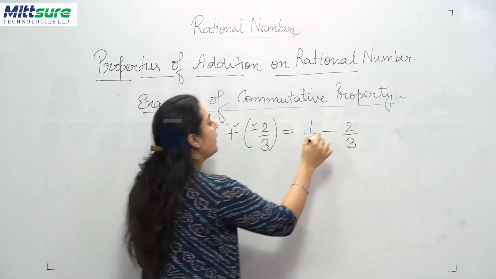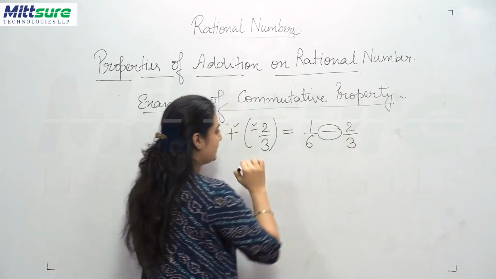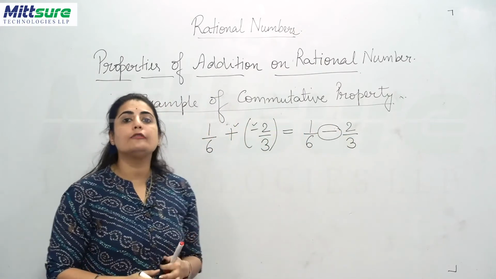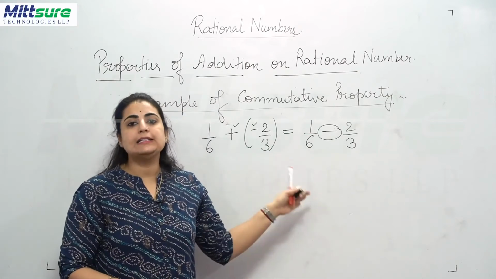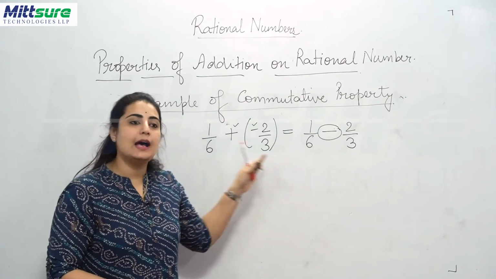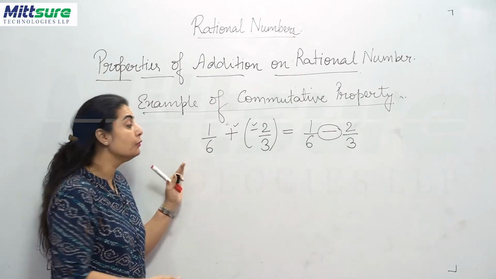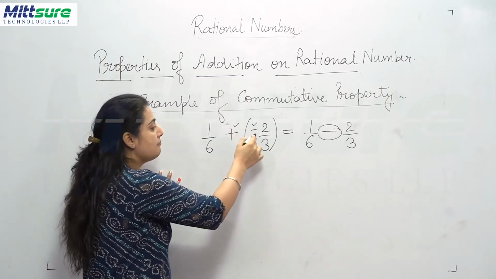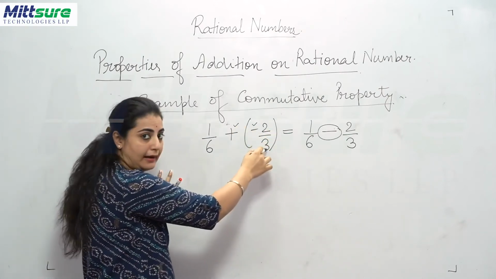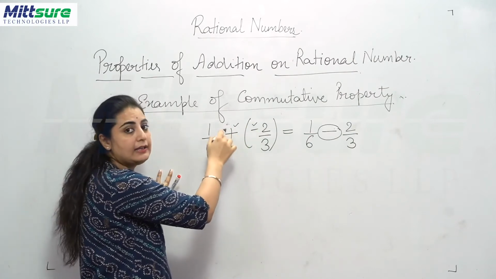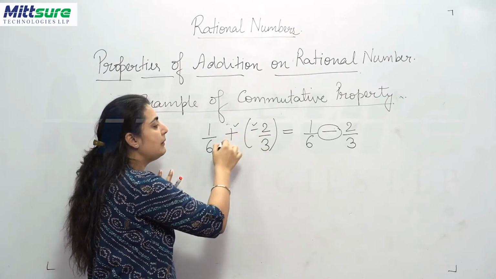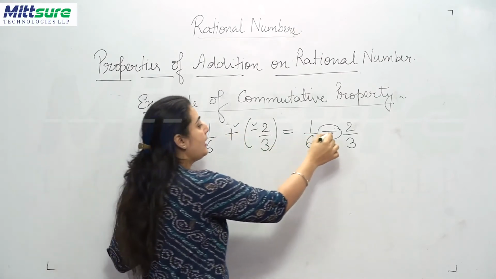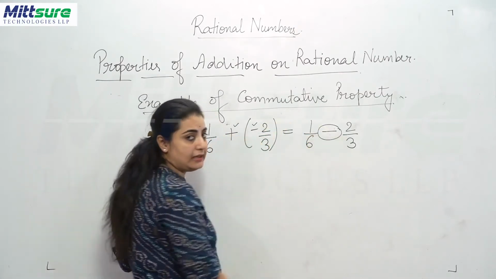Now, you do not have to get confused with this negative sign, that we are talking of the properties of addition of rational numbers. How come negative sign has come here? As I have just now explained to you that there is a minus sign inside the bracket and a positive sign outside the bracket. So when we multiply these two signs, I get negative sign here.